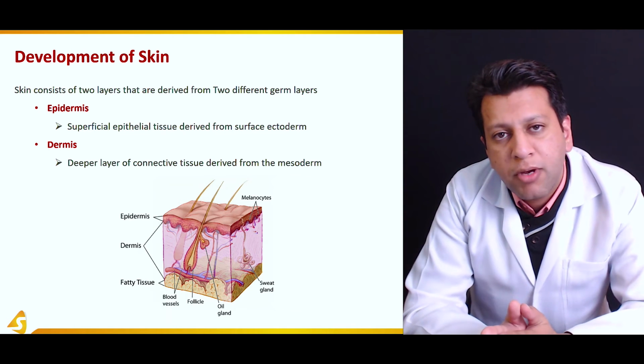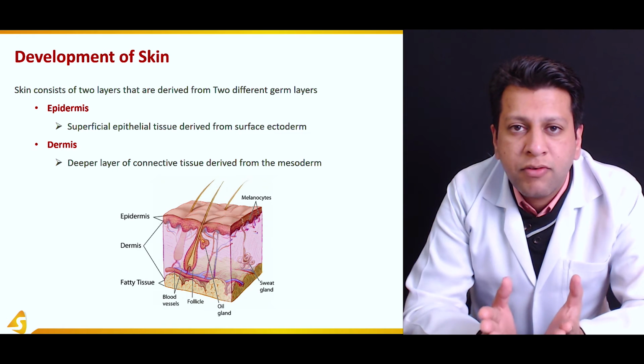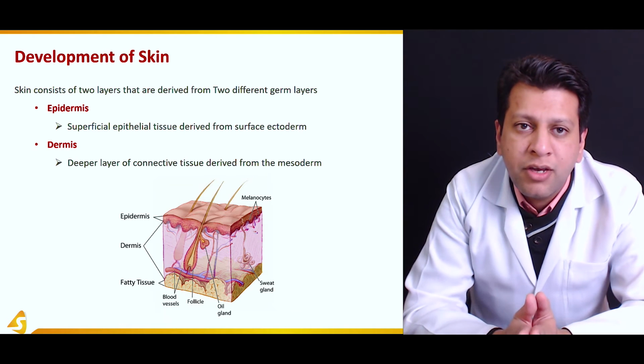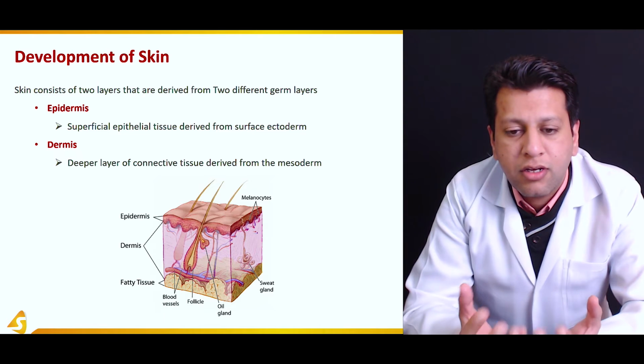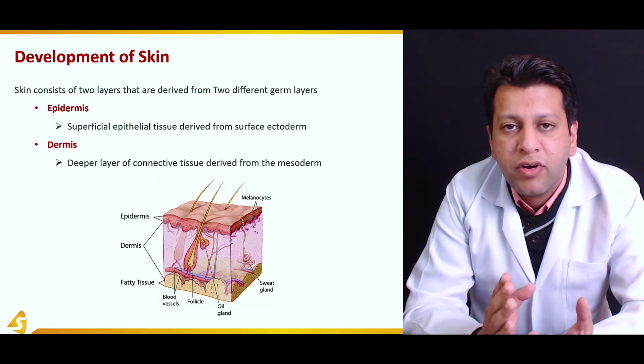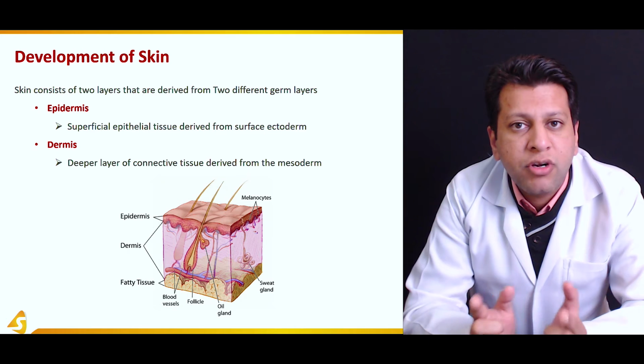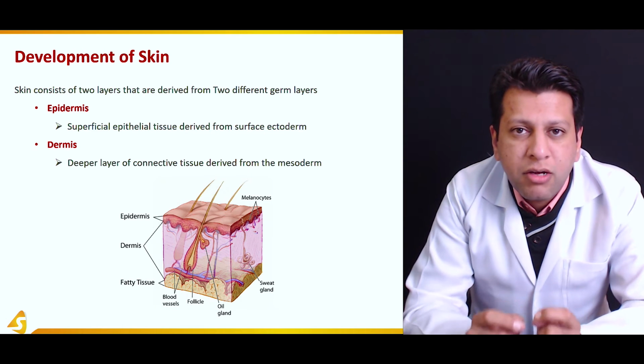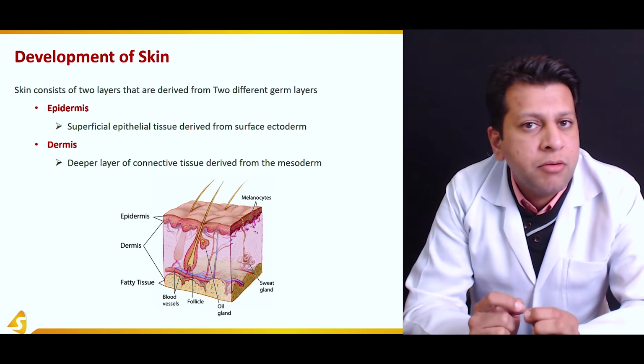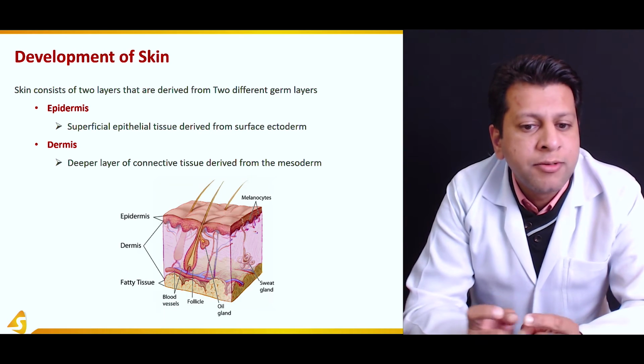If you go back to my lectures, you would see there was initially the formation of the ectodermal ridge. When cells continued to divide, they formed a cavity inside. The cavity was called the amniotic cavity, and outside there was a layer of ectodermal cells. Now, this ectoderm gives rise to the epidermis of the skin later on in adult life.